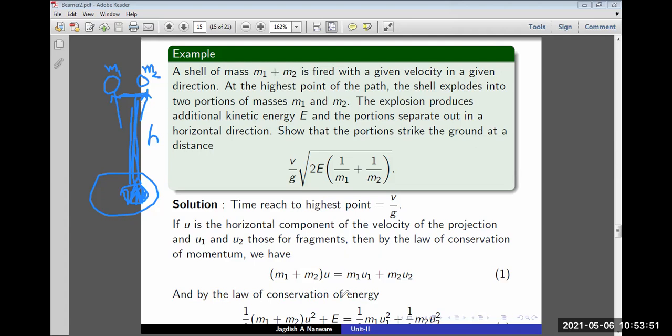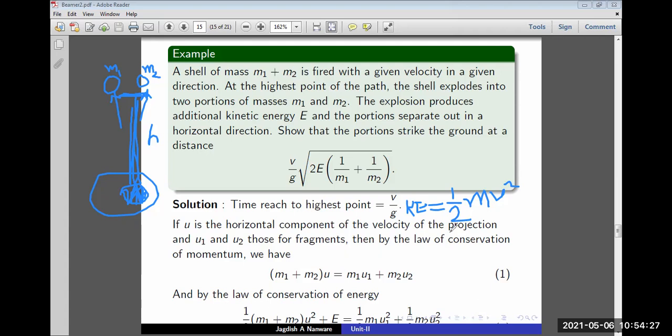So this is half into mass of the particle into velocity square. You know how to find the kinetic energy. That is nothing but half into m into v square, where m is the mass and v is the velocity of that particle. So this is nothing but kinetic energy. So using this kinetic energy and the law of conservation of energy.